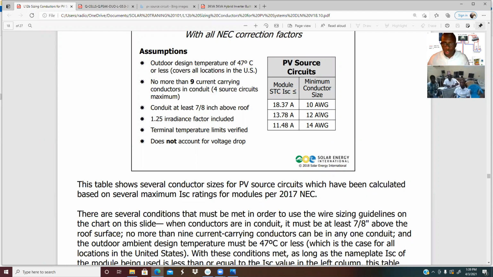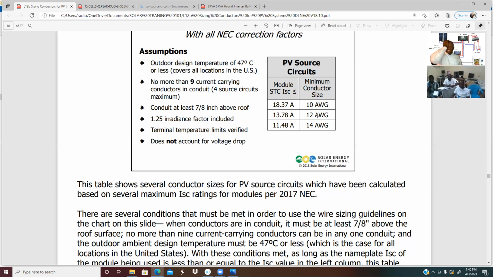What conductor are we going to use for a 15.8? What wire? We use a 12 AWG.